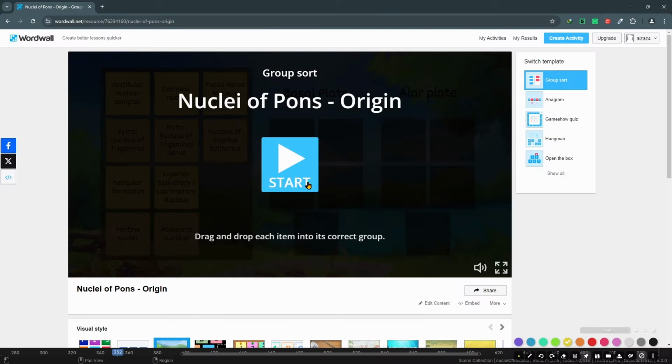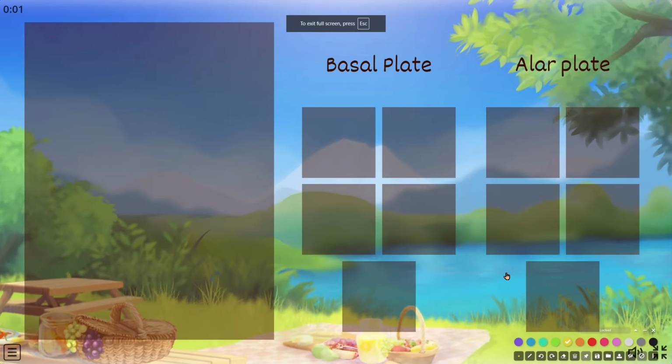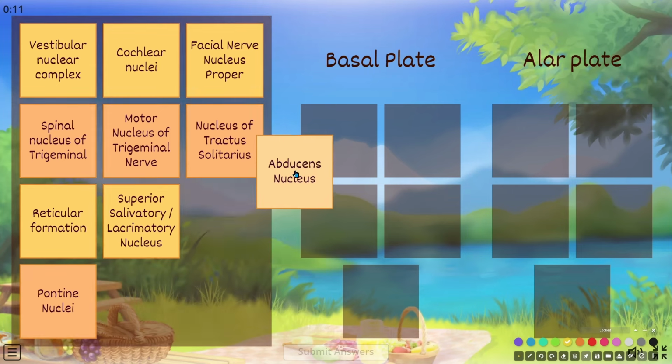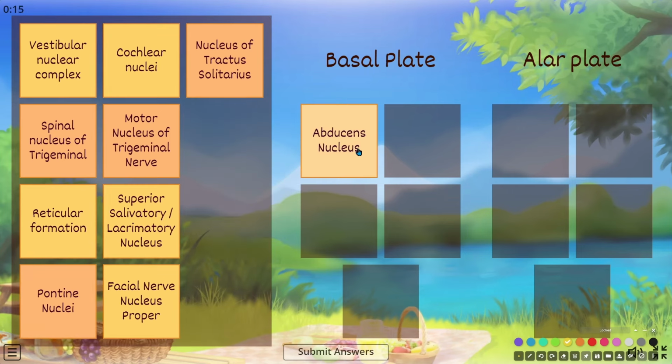So let's play this beautiful game that I've created for you on wordwall.net. So let's try to fill these. So from the basal plate we know that most medially we have the general somatic efferent nucleus, which is the abducens nucleus simply.